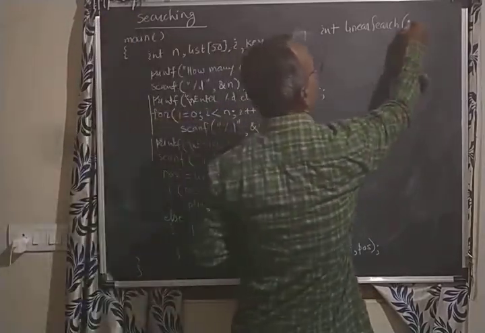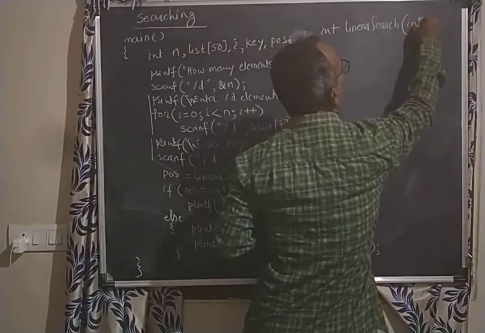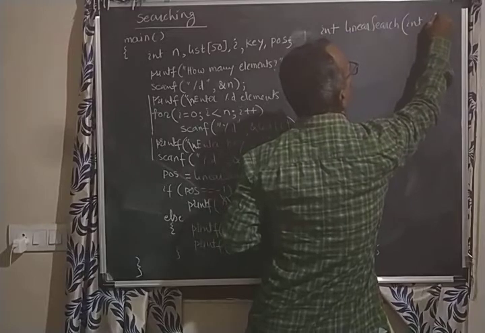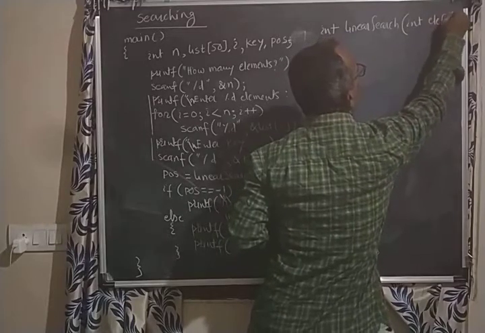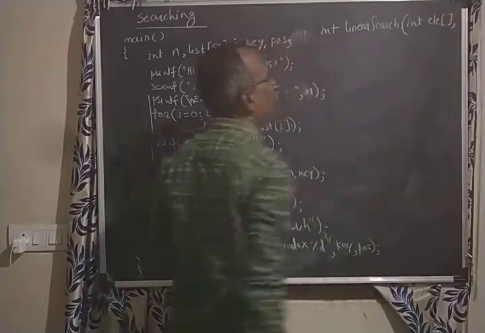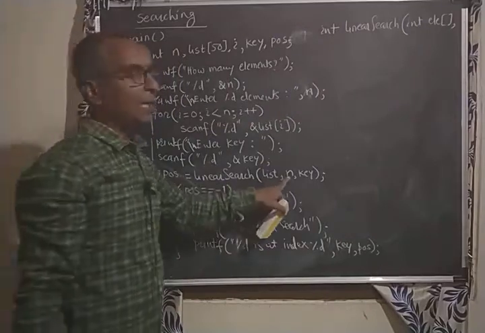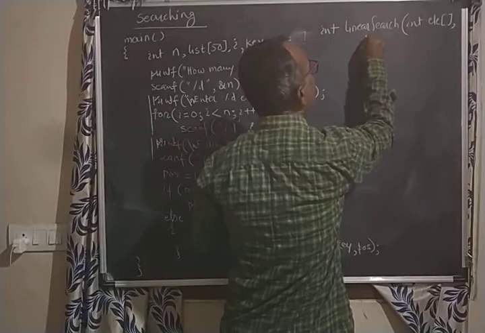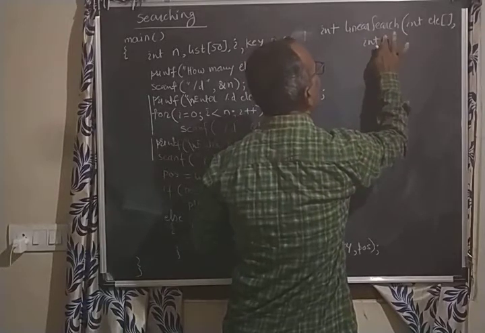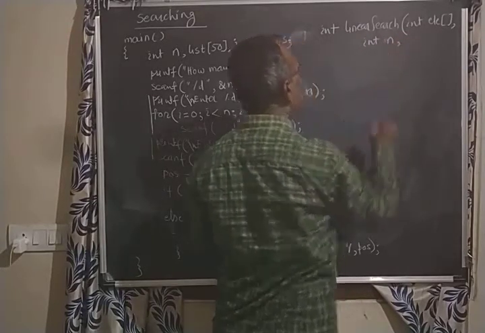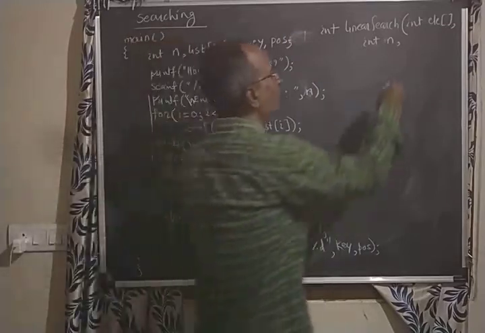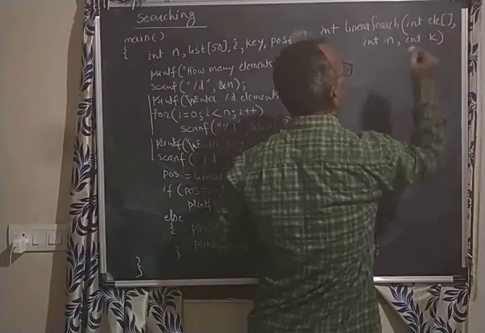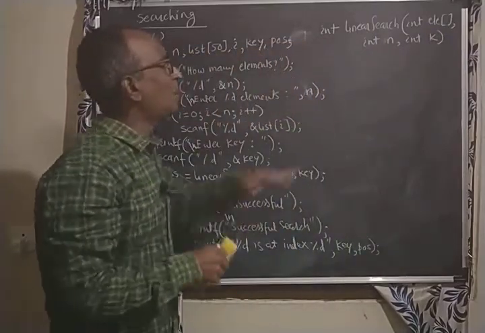So in this, I'll take one array, element, as the first parameter. The second parameter is the number of elements, so I'll keep it as it is, integer n, and integer key. See, these are formal parameters now.